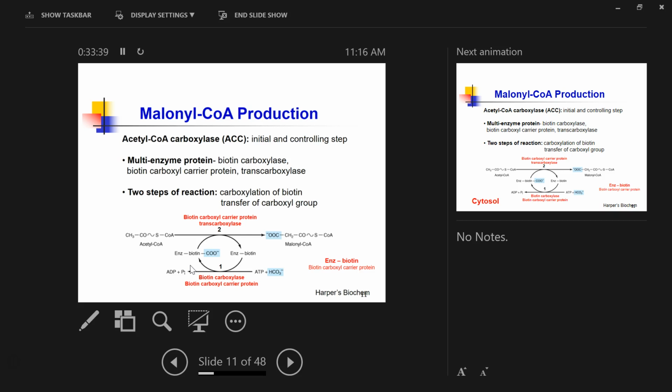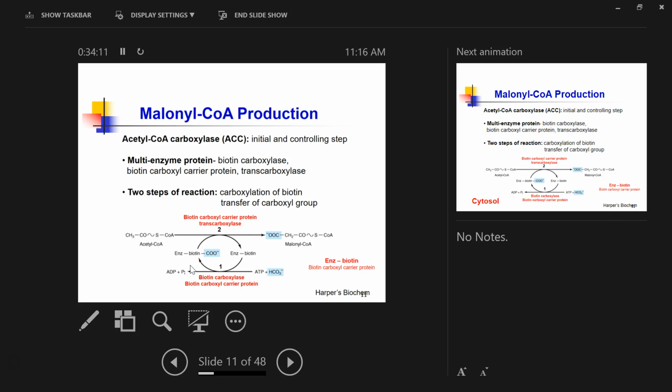And ACC actually is a complex of enzymes. That means several enzymes are involved in the ACC activities. So it's not just one enzyme. Basically, it's a multi-enzyme protein that has three enzyme activities. One is biotin carboxylase. The second one is biotin carboxyl carrier protein, right? And the last is transcarboxylase.